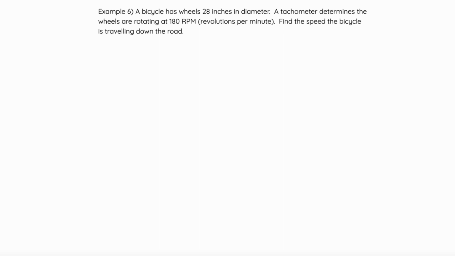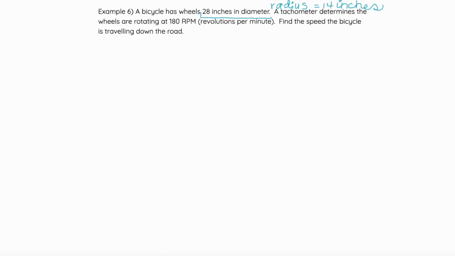So, a bicycle has wheels that are 28 inches in diameter. Let's stop right there because everything we've done has been in a radius. So the radius we know then is 14 inches. A tachometer determines that the wheels are rotating at 180 revolutions per minute.